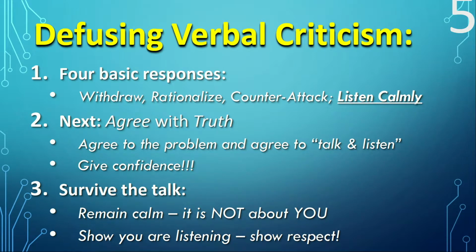Agree to talk with them. And mostly what you're going to do by talking with them is listen. You've got to get through both of these intersections. You only have 4 choices for your basic response. Choose to listen calmly, because that opens the space for the person in front of you to not continue to melt down. Then agree to truth, agree to listen and talk, and give that confidence.